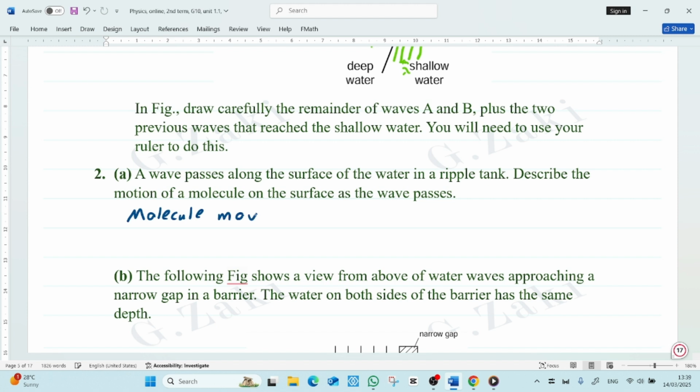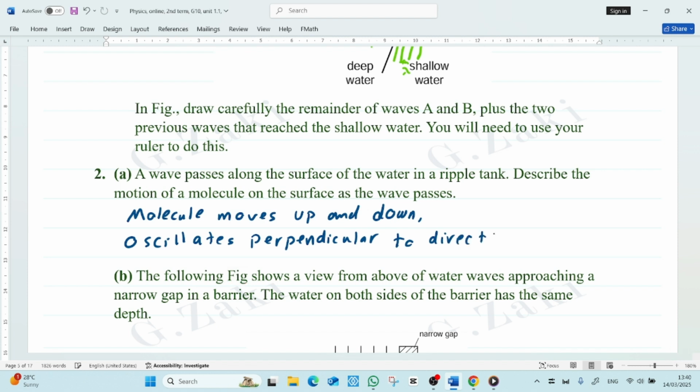Molecules move up and down, or we can say they oscillate, perpendicular, at right angles, perpendicular to the direction of wave energy.